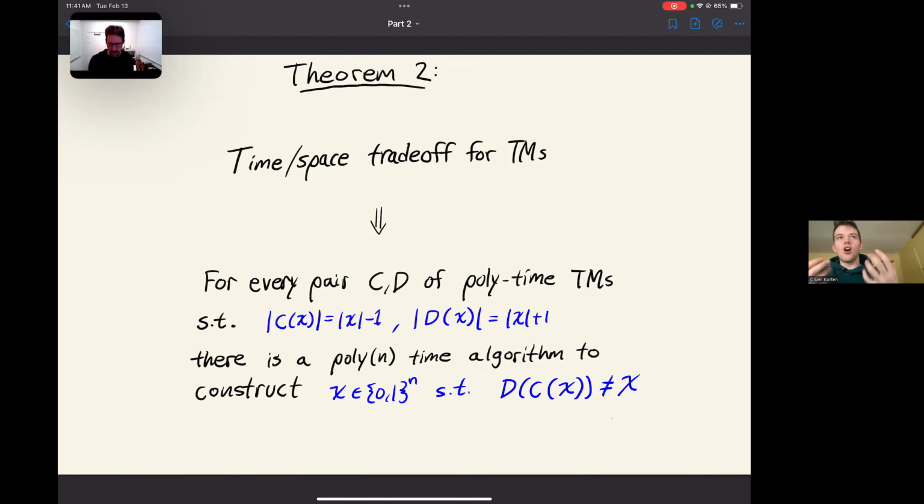And what we're trying to do is solve the explicit construction problem for this compression scheme, which is to produce, in polynomial in n time, one example of an incompressible string of length n. Please ask me to pause or ask any clarifying questions if you need. So what we're going to show is that for every possible polynomial time compression scheme, we have a polynomial time deterministic algorithm for this problem, assuming a certain time-space trade-off assumption.